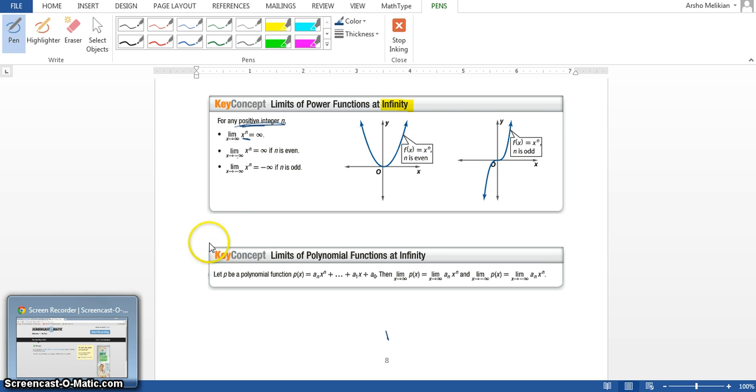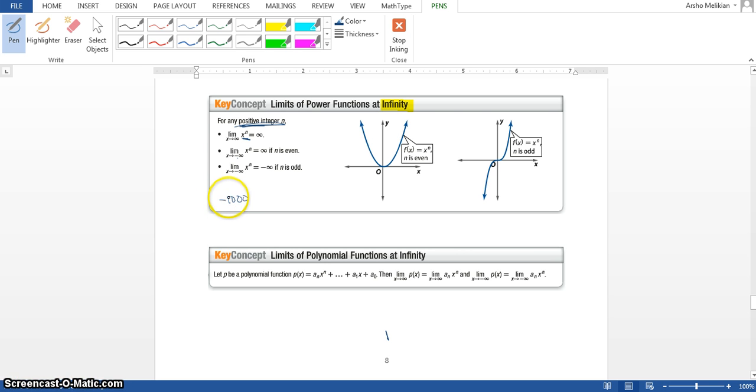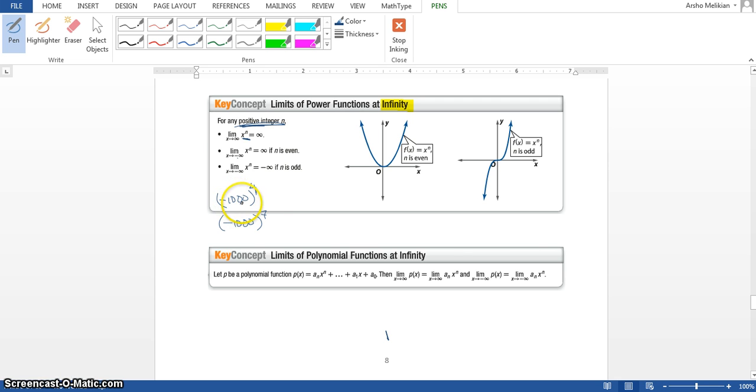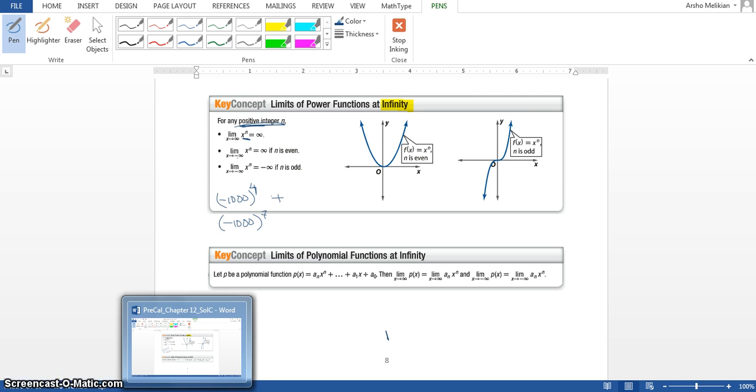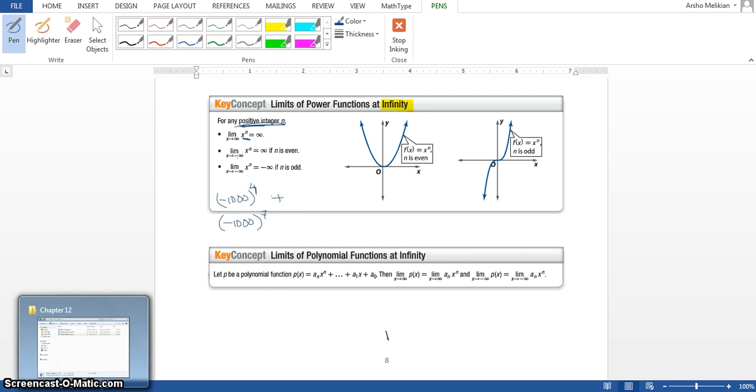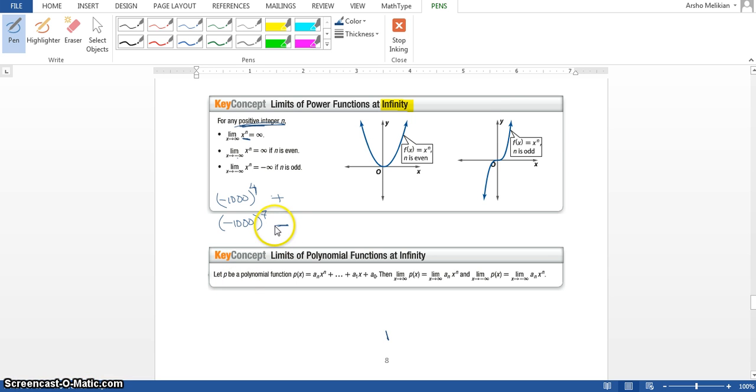So if you have negative 1,000 to the power of 4, an even exponent, or if you have negative 1,000 to the power of 7, an odd exponent, that's going to make a difference, okay? Because in this case, you're going to get a very large number, but it'll be a positive large number. In this case, you're still going to get a large number, but it'll be a negative large number.